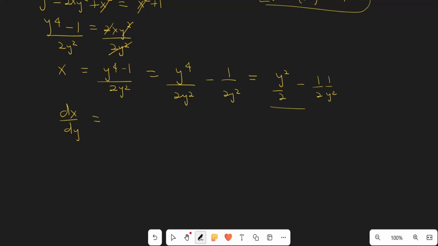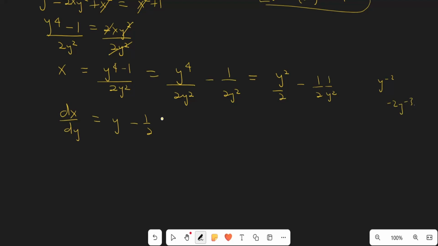Now we are differentiating this in terms of y, so differentiating the first term gives 2y over 2, which is y, minus 1/2, and then differentiating this, that is y raised to the power negative 2, so that is going to be negative 2y raised to the power negative 3.